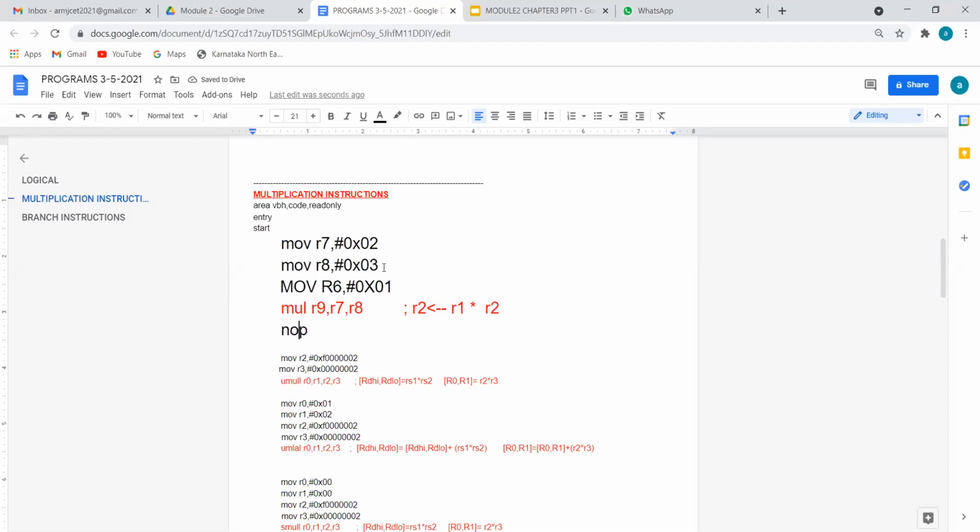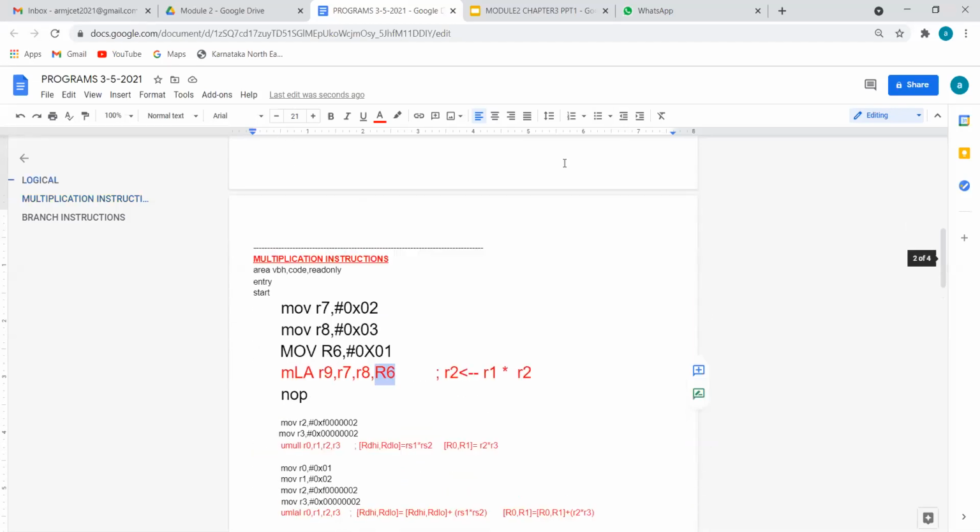Here I will add MLA, comma, R6. So what should the formula be, because it's MLA? Here we'll see the explanation. RD is R9, RM is R7, R8 is RS, R6 is RN.